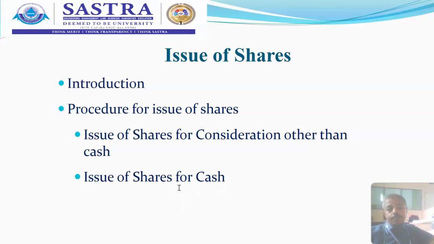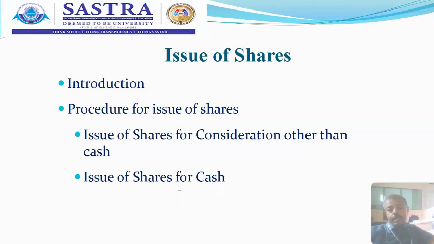After the receipt of the application and the allotment money, the money that remains unpaid can be called up by the company as and when required. Thus, a call is a demand made by the company asking the shareholders to remit the called up amount on shares allotted to them.